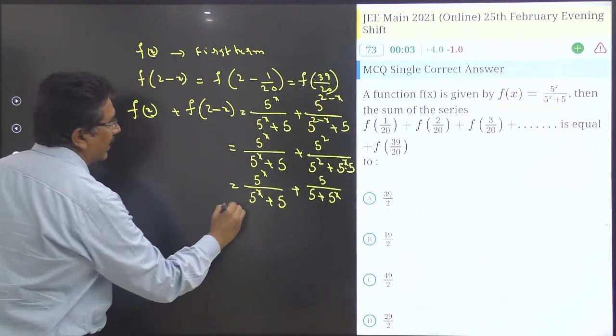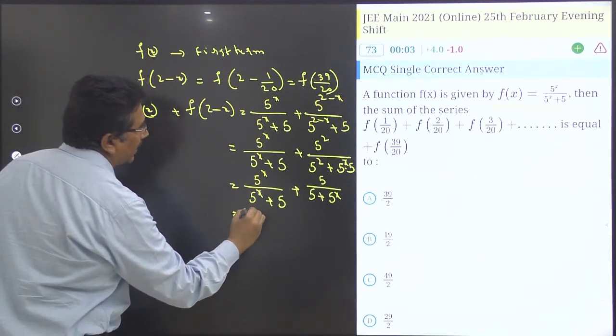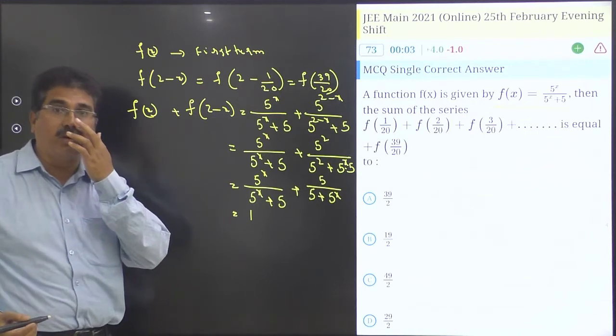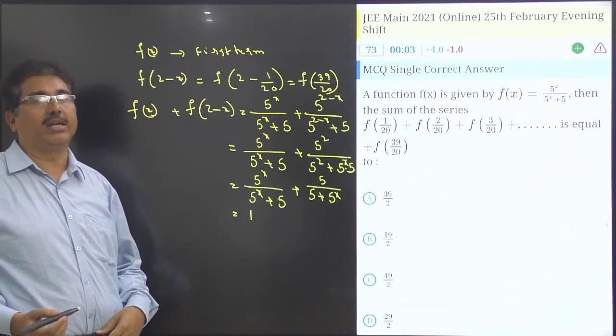Now take LCM, that is equal to 1. So f of x plus f of 2 minus x is equal to 1.